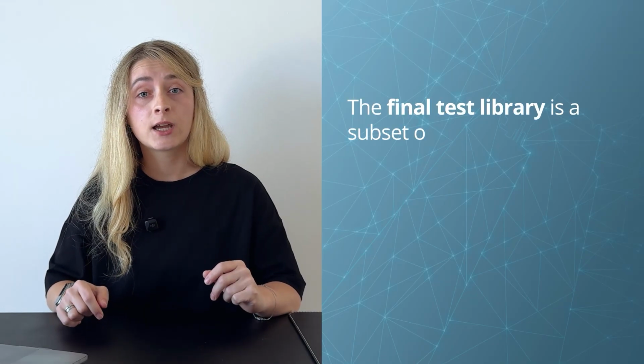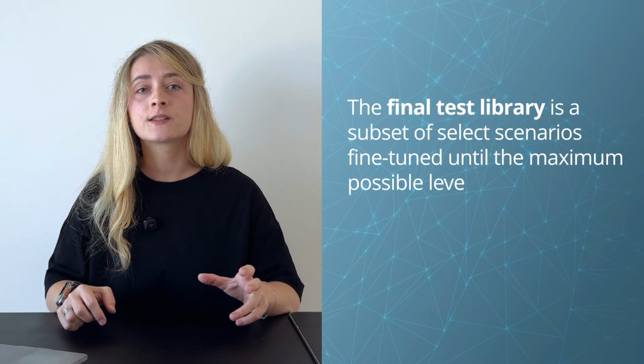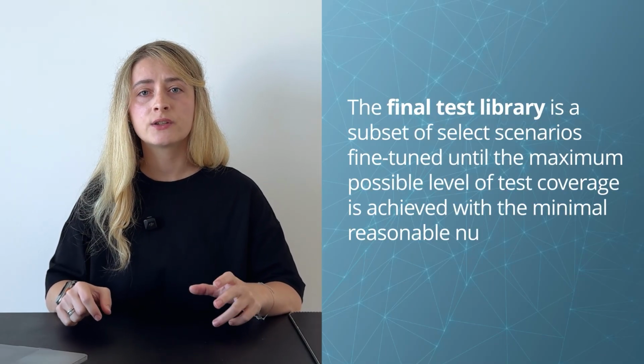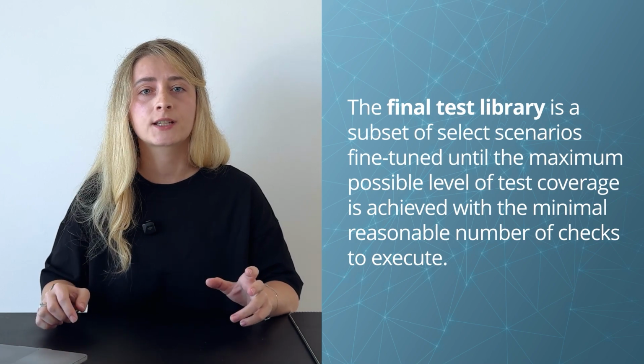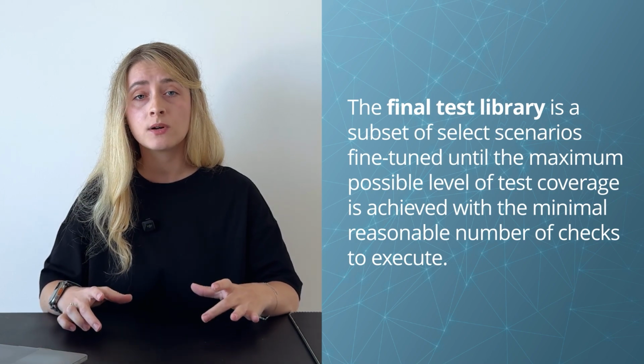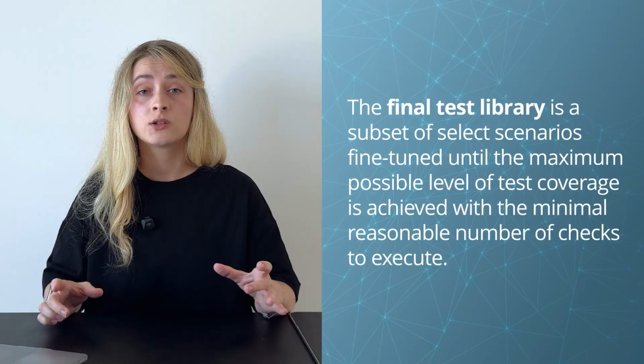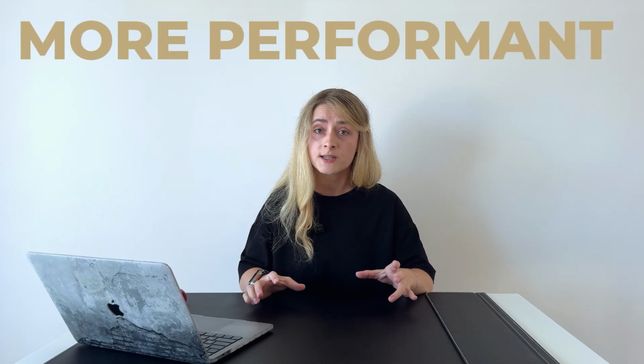The final test library is a subset of select scenarios, fine-tuned until the maximum possible level of test coverage is achieved, with the minimal reasonable number of checks to execute. Carefully optimizing a subset of test scripts results in achieving a significantly more performant and less resource-heavy version of the initially generated test library.